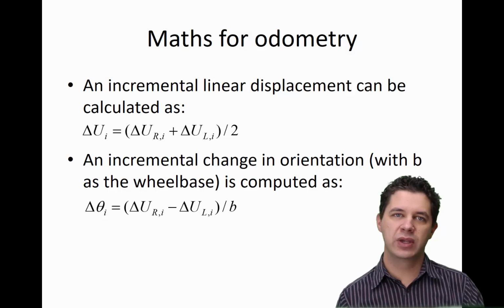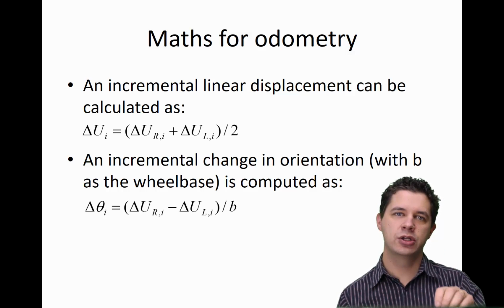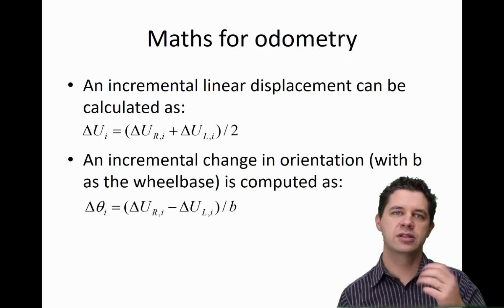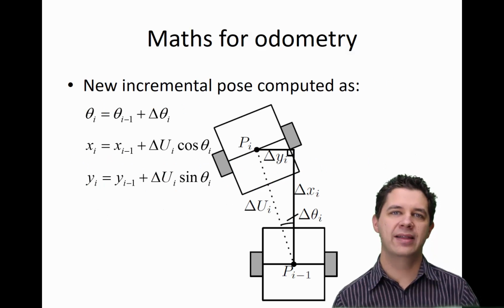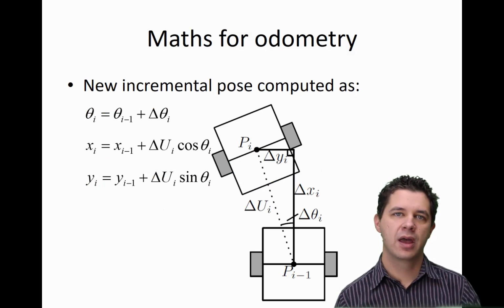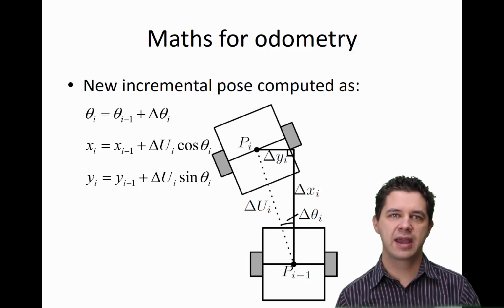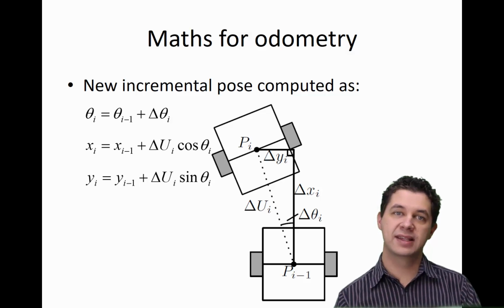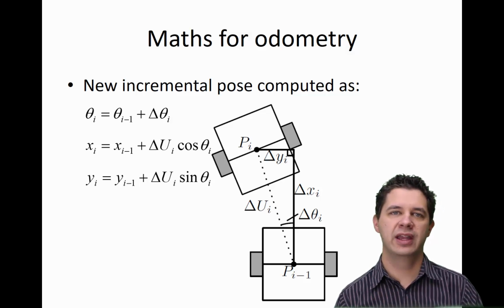What we can then do is take these incremental changes in angle and incremental changes in the left and right wheel and work out the new pose of our robot. Essentially, the new angle is equal to the old angle plus the incremental change in angle. That one's very easy.